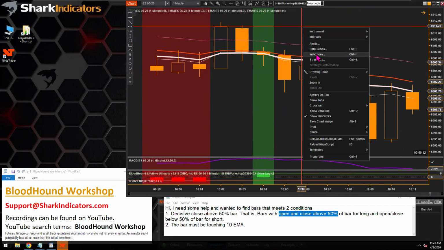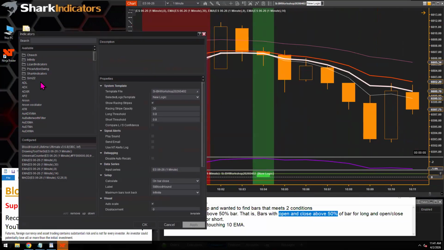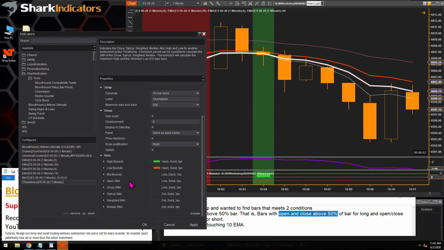Let's see. We could put an indicator on the chart here that will draw that midpoint on there. So if we go to Shark Indicators, go into Tools and Chameleon, let's add Chameleon to the chart.